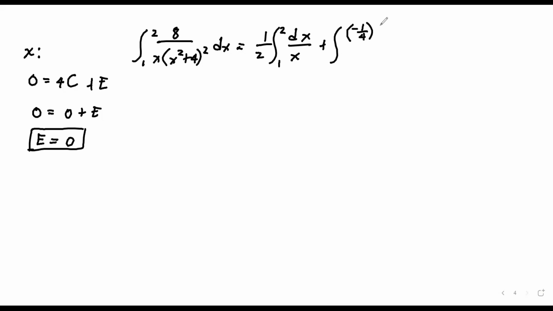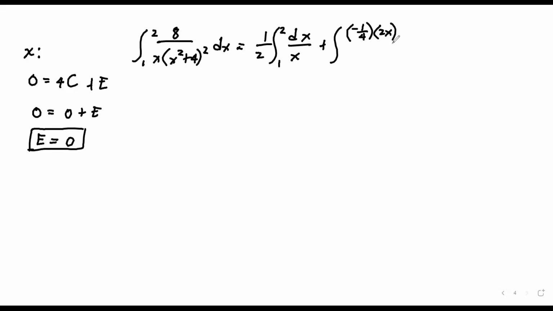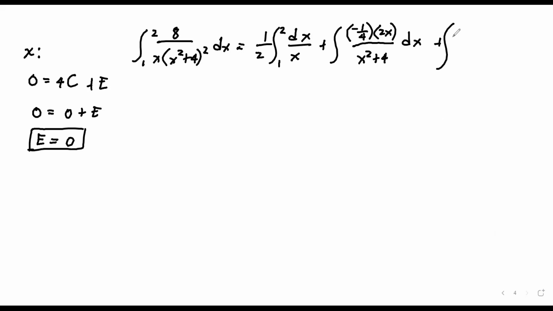Negative 1/4 2x. Ang c ay 0. So no more over x squared plus 4 dx plus cd, bcd negative 1 times 2x plus 0 again over the squared of x squared plus 4 dx.